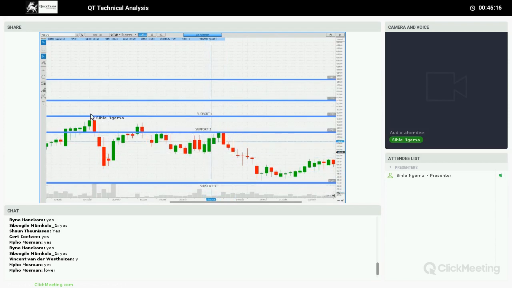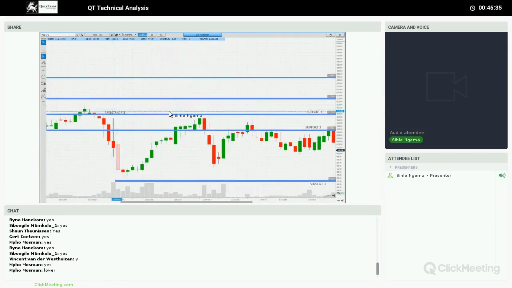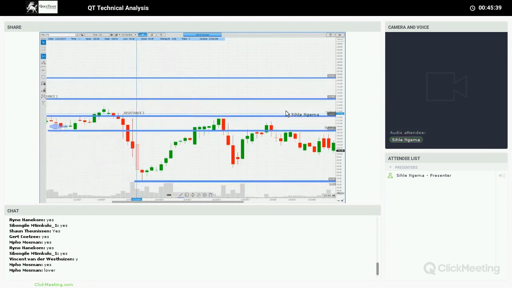This particular trend that you see there, where your share is changing direction between two areas, means that this support 2 is again resistance. So this support 1 is resistance 3, remember this is resistance 3, right?